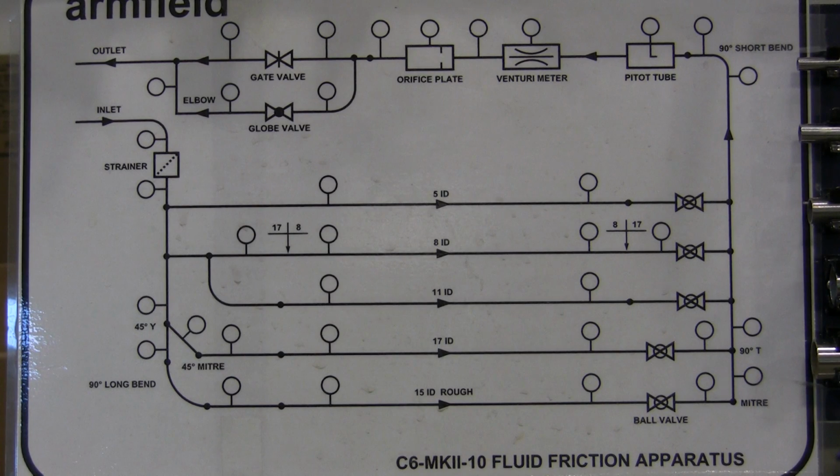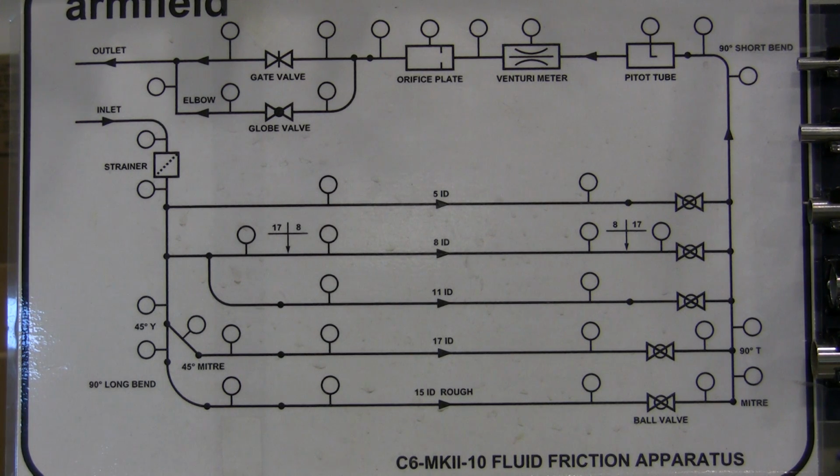Okay, this shows the pipe diameters, and included in the lab handout is the diameter of pipe through which each fitting is associated. And so you're going to have to know the velocity as the water travels through the fitting in order to relate the pressure drop to the K value.